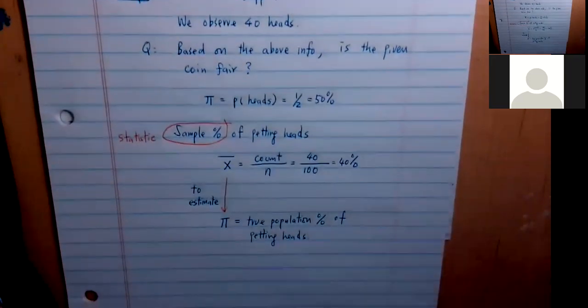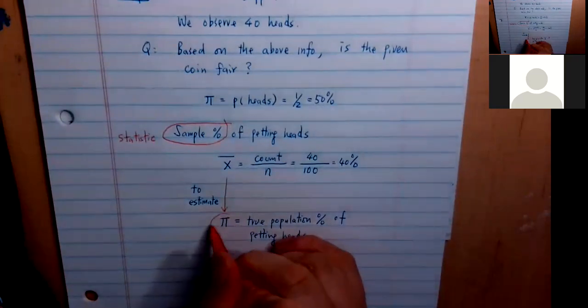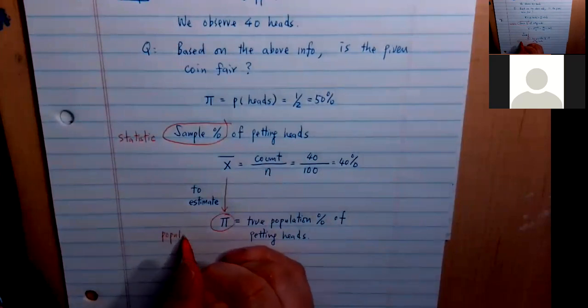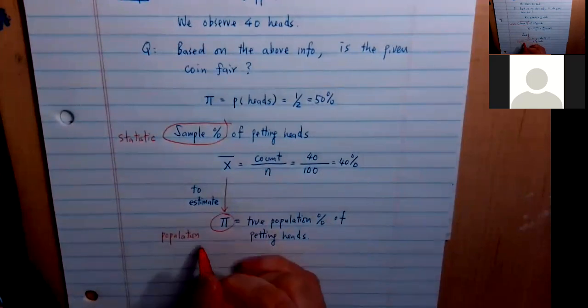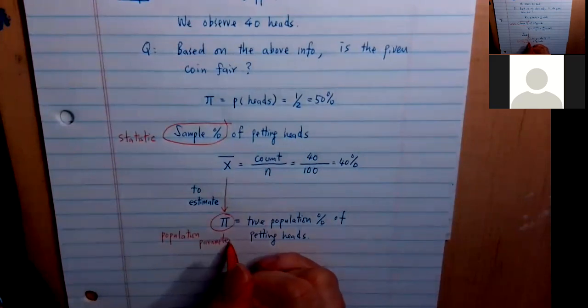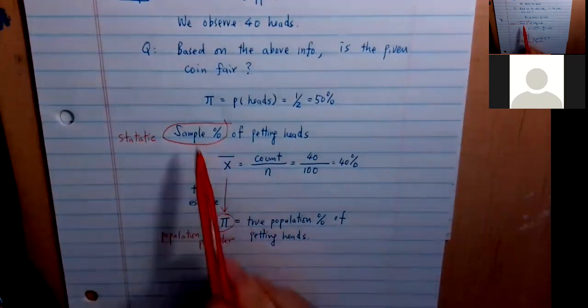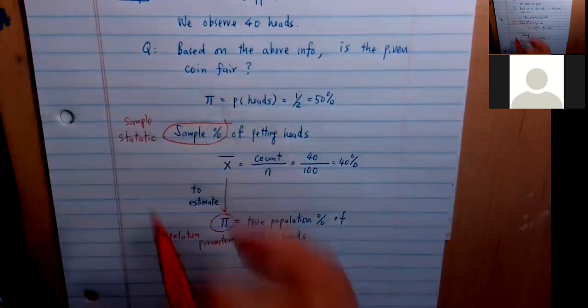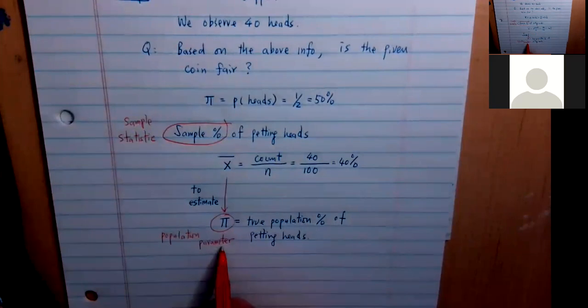And this pi here is called the population parameter. We use a sample statistic to estimate a population parameter. This procedure is called statistical inference.